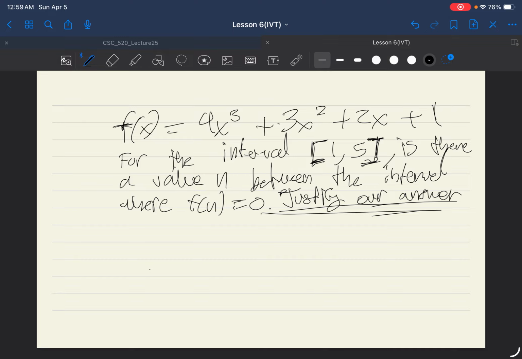So what you want to start with is you want to check what value is f of 1 and what value is f of 5 guaranteed for on this given interval, right? I'll let you think about this, and then I'll give you the answer in a minute.